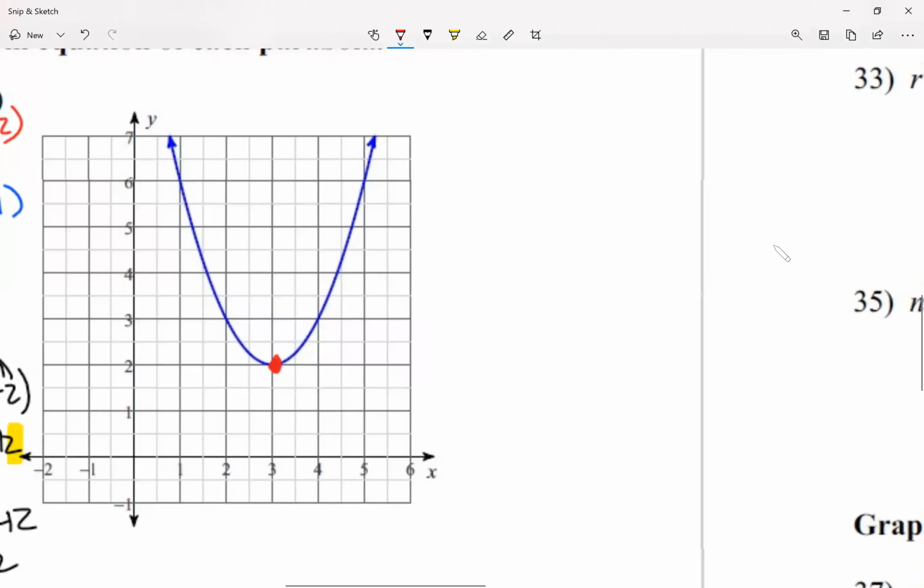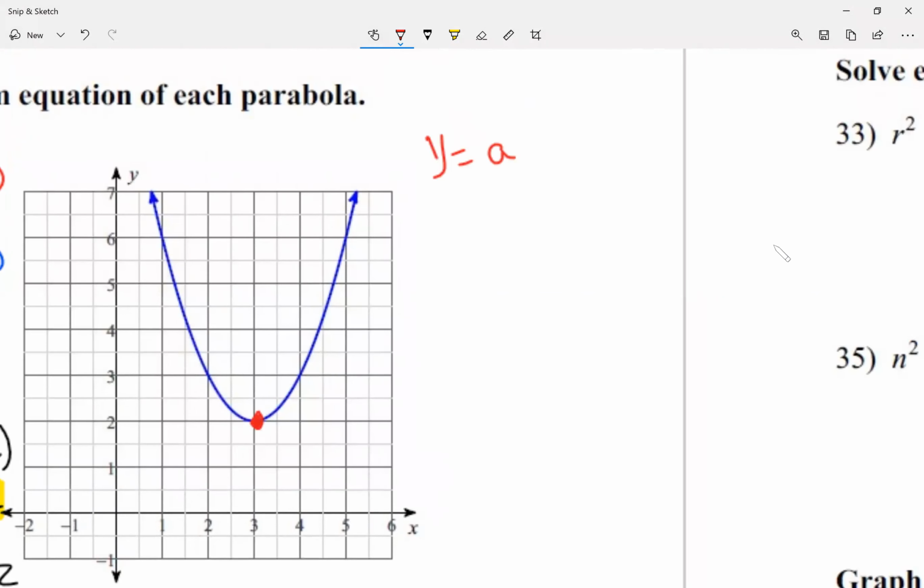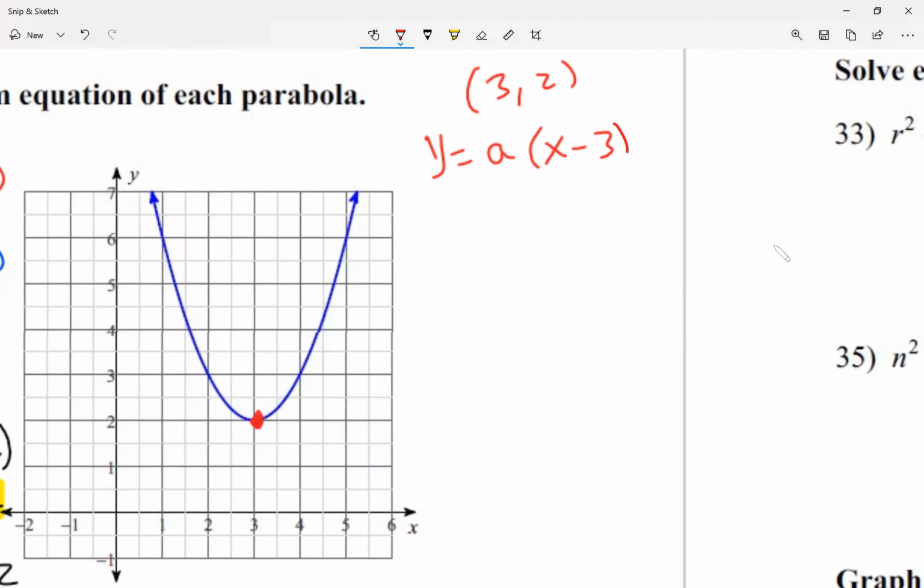So if I was writing vertex form, I know most of my answer. Y equals A. Remember let me rewrite my vertex here. My vertex is the point 3, 2. So I have A, x minus 3 squared plus 2.